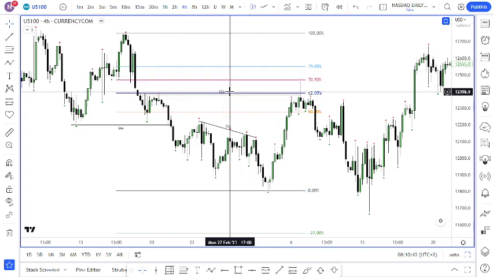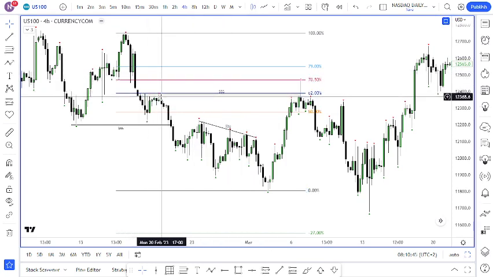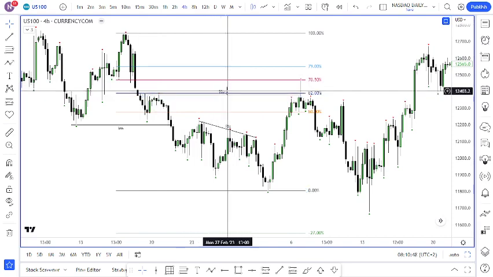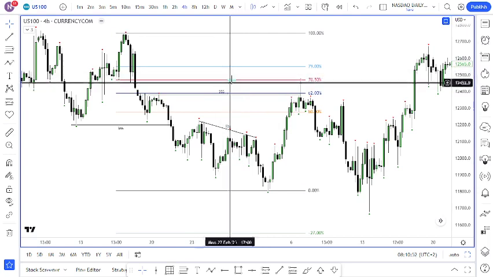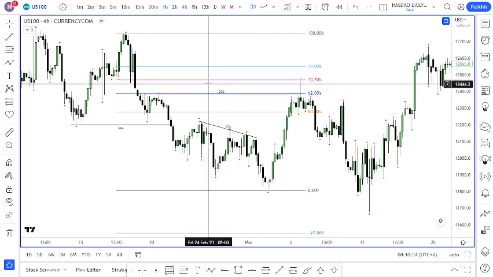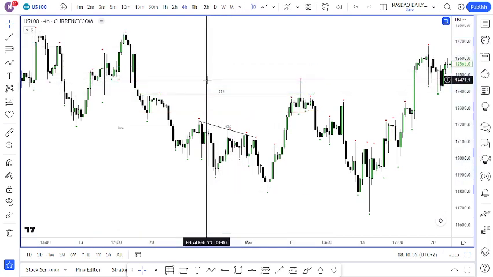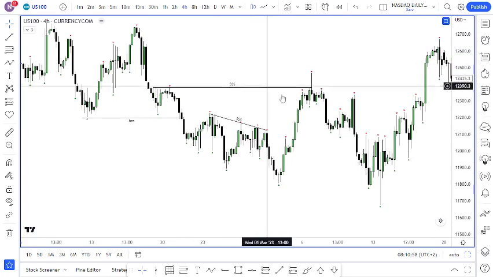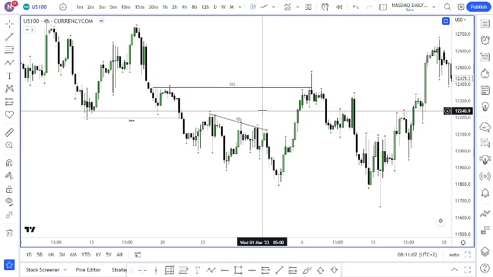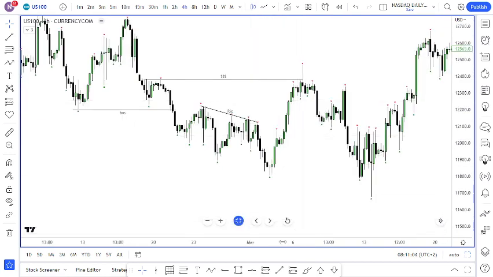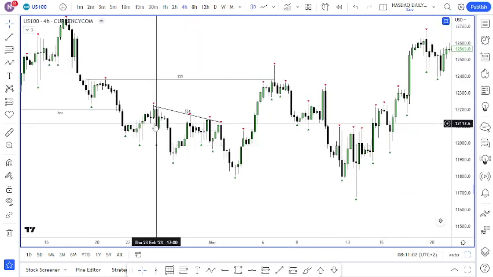So this inducement, where we have these equal highs, you can see it's just above the 61%. So this is a prime zone. And then we see here we come into it and we trade lower, right? So that is how you use inducement in a sense.